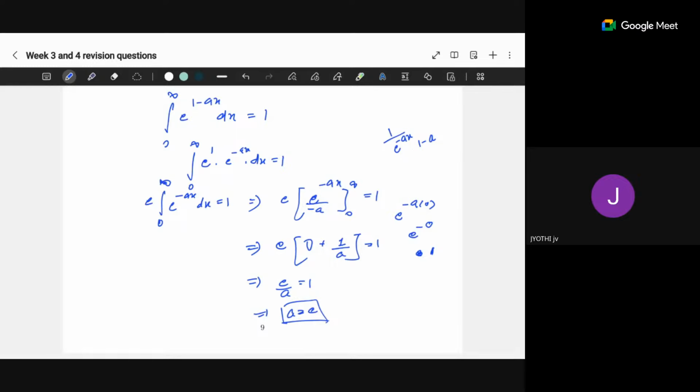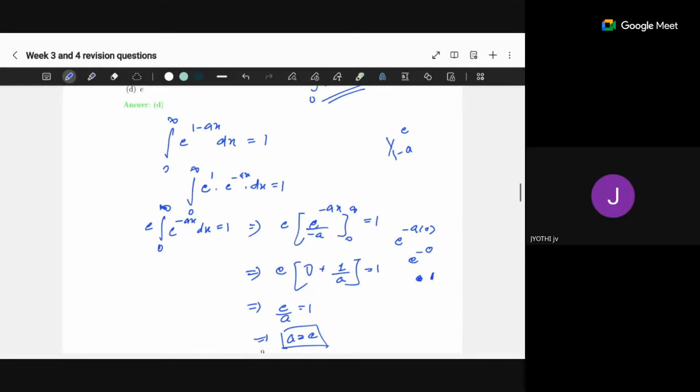No, it would be 1 by 1 minus a into 1 by 1 minus a into e raised to 1 minus ax. How?